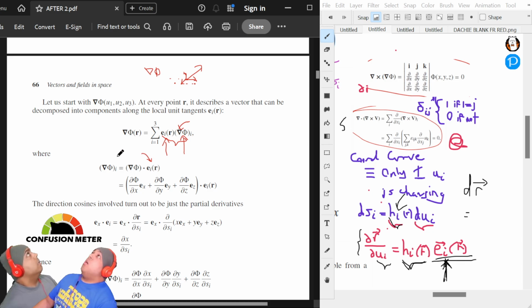It's projecting onto the axis of e_i. Anyways, when you do this, you get this, which is just del phi. Nothing crazy yet, is there?